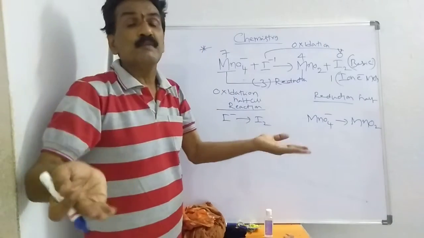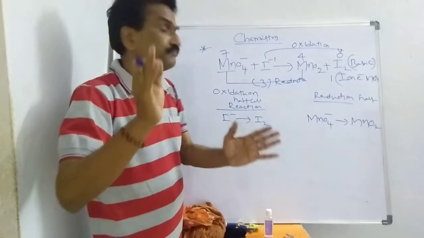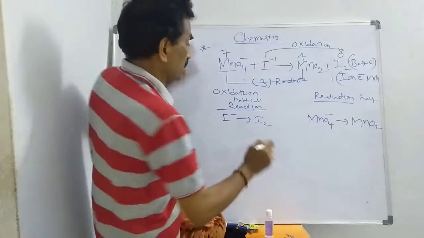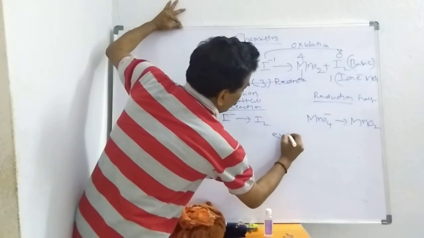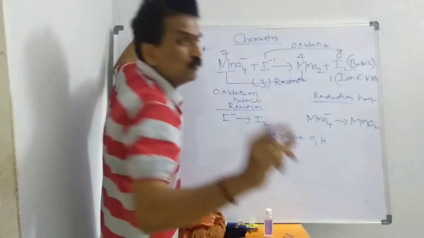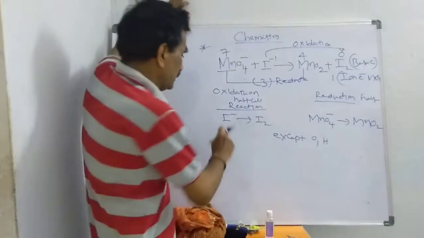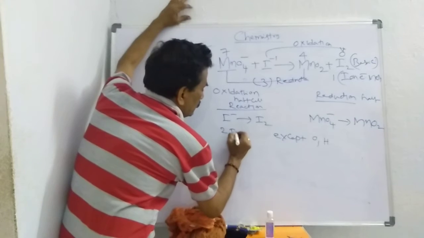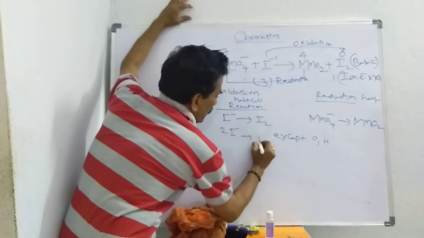Then what you have to do? You have to balance all the elements except oxygen and hydrogen. That is, here I minus to I2, so I am going to balance: 2I minus gives I2.